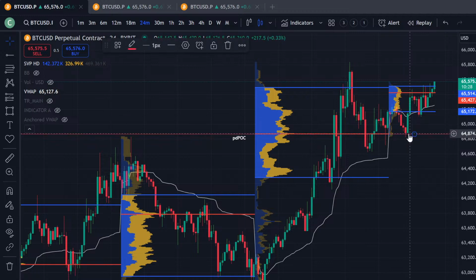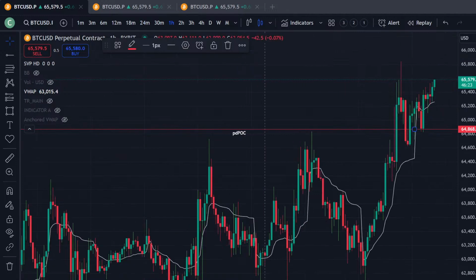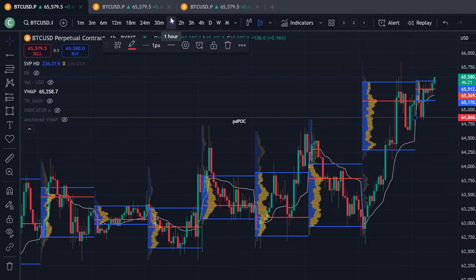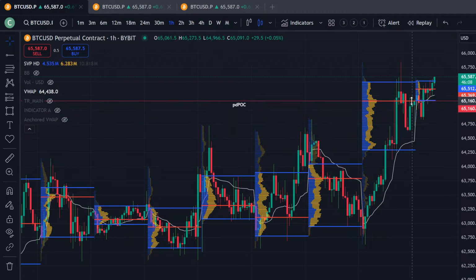It jumps up and down in different time frames. But why it jumps now in hourly and daily, I don't know. I usually use it on 1 hour, so I'm gonna keep it on the 1 hour.